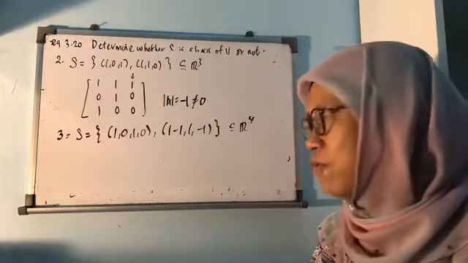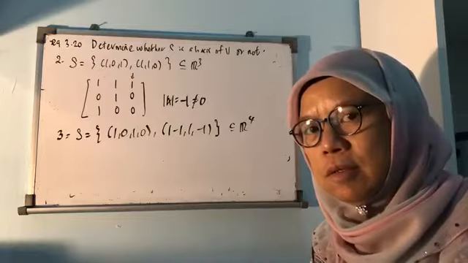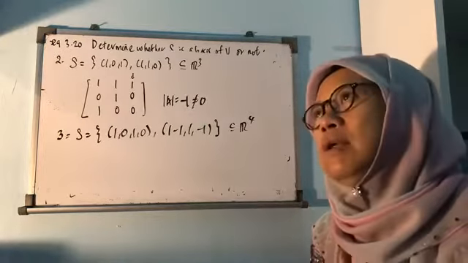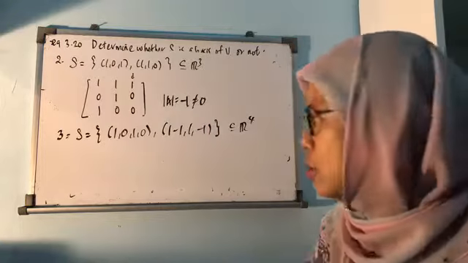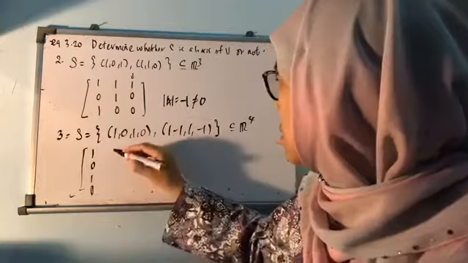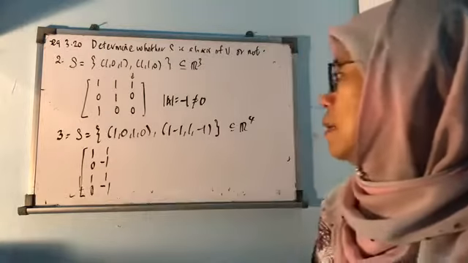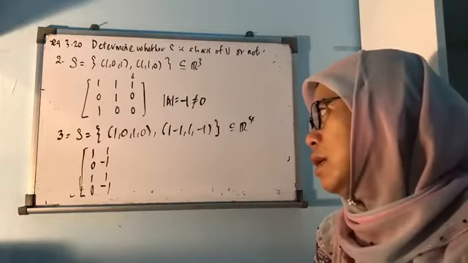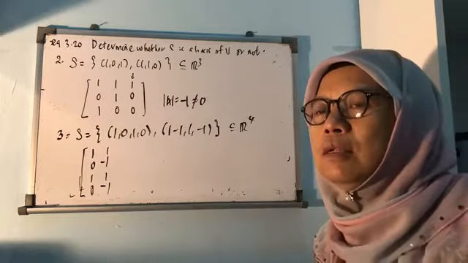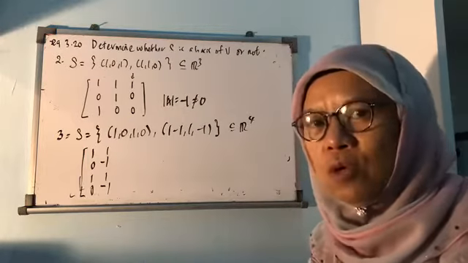It has to be at least 4. So you have to go through the same process. Okay, but to extend, you need at least 2 more. The problem is, what happened when you add, the determinant becomes 0. So which one that you want to add?